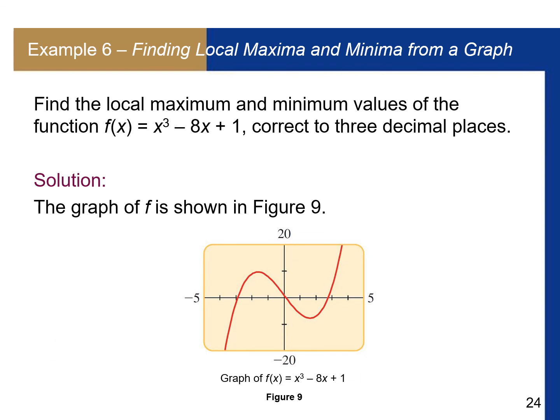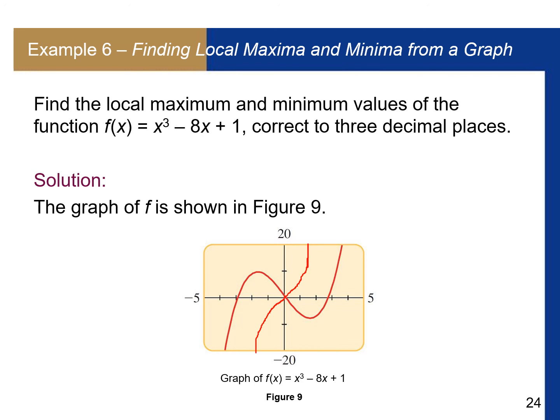Here it is. Notice it starts down here, just like cubics do. It's coming up. Now, I'll remind you of what our parent function looks like. It comes up this way, and it goes like this, and it comes up this way. So it starts at the bottom, and then it goes clear up to the top. And this is similar.